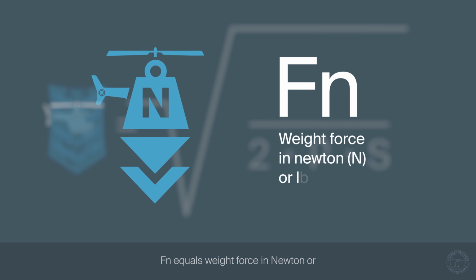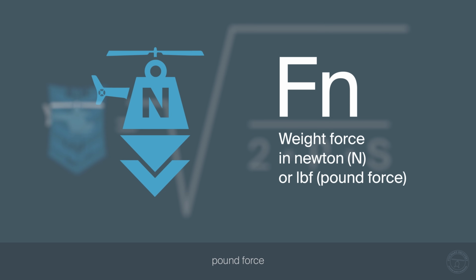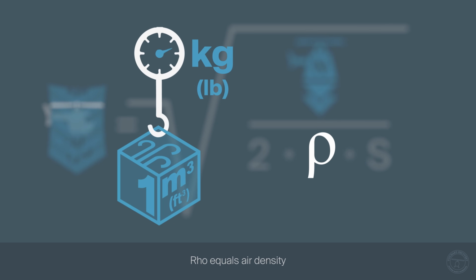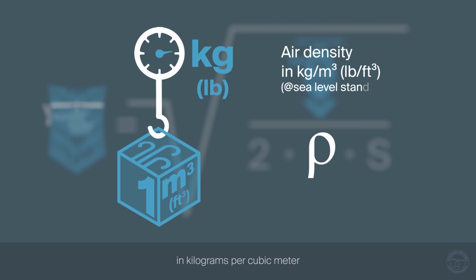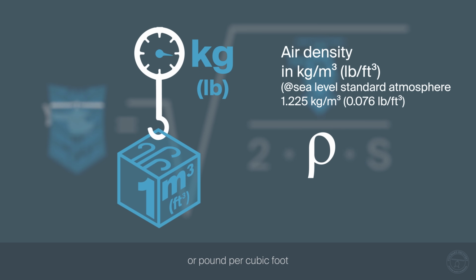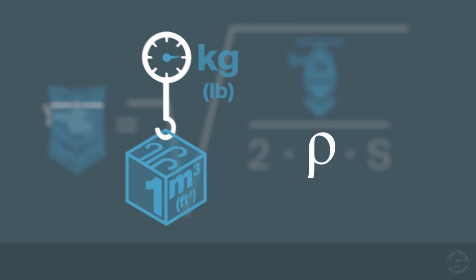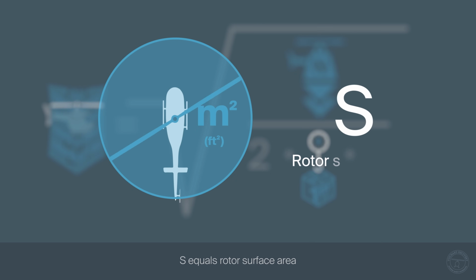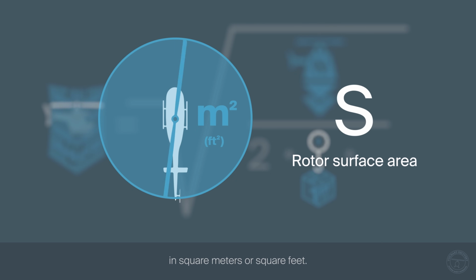Fn equals weight force in Newton or pound force. Rho equals air density in kilograms per cubic meter or pound per cubic foot. S equals rotor surface area in square meters or square feet.